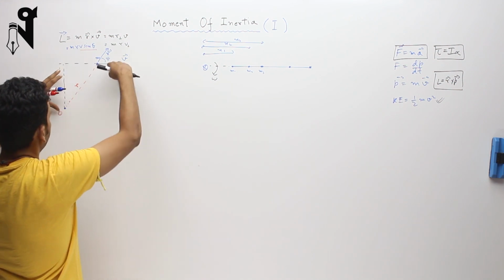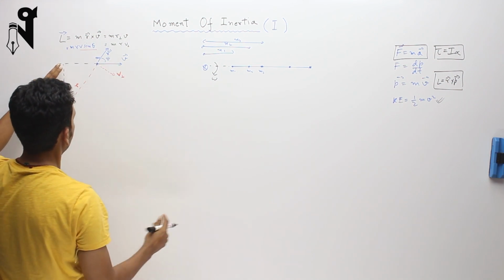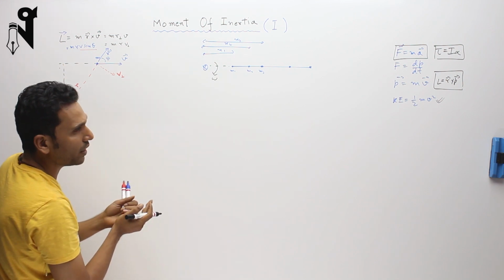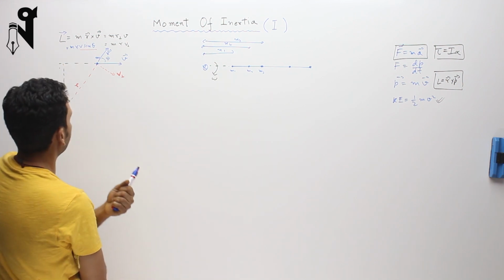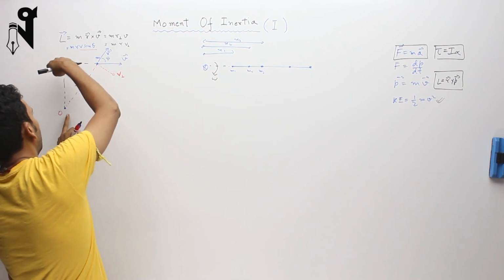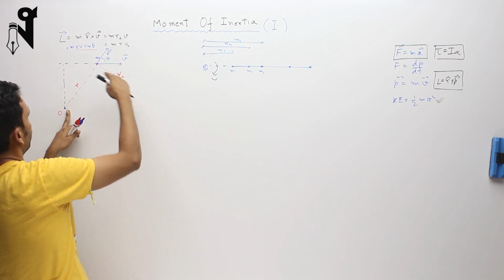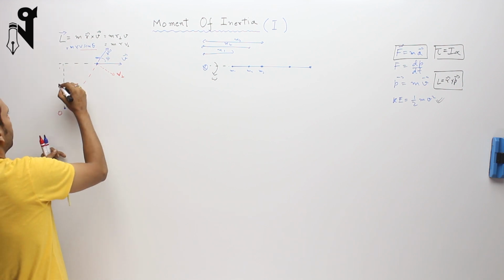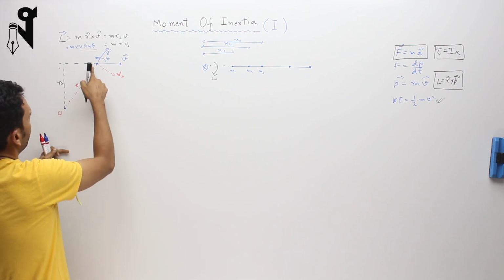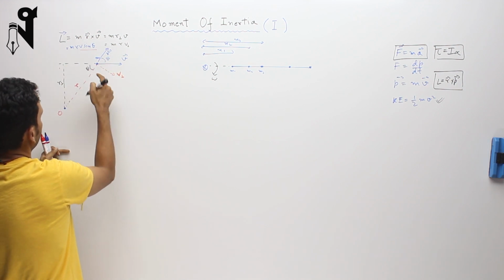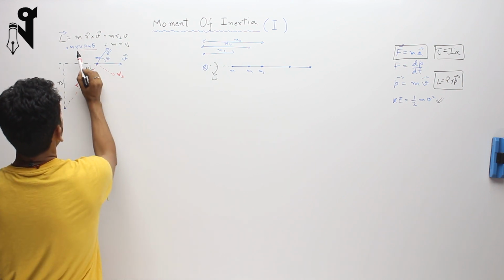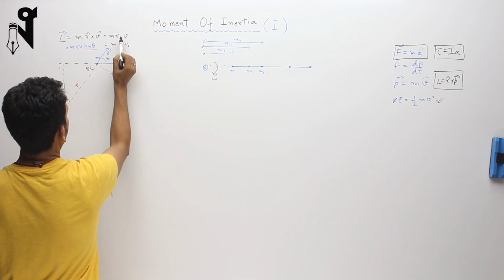If the force was like this to give a torque, so moment of force, we have done a bit of that early, so I can refer to that. If your force was in this line, what would have been the force arm? This would have been the force arm. So that is your r perpendicular. Is it equal to r sin theta? This theta, this theta. So yes, it is equal to r sin theta. So instead of r sin theta, you can write r perpendicular.